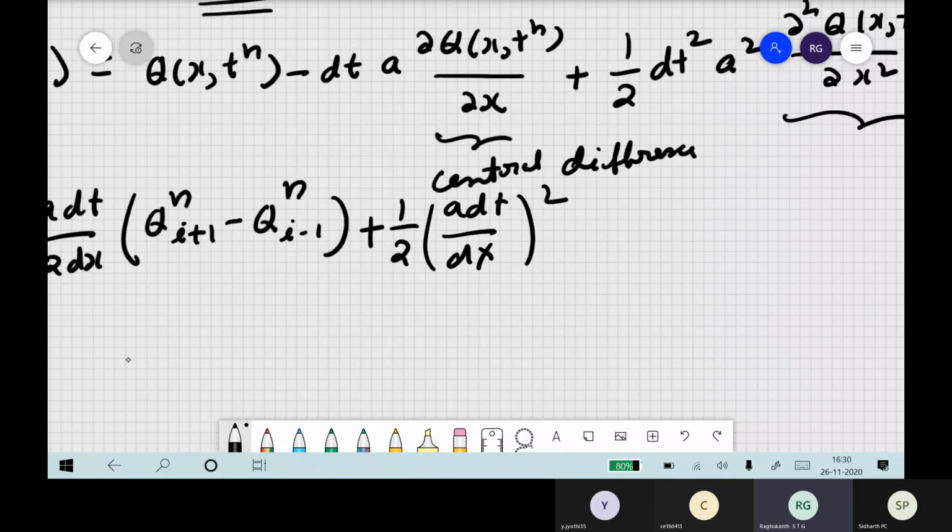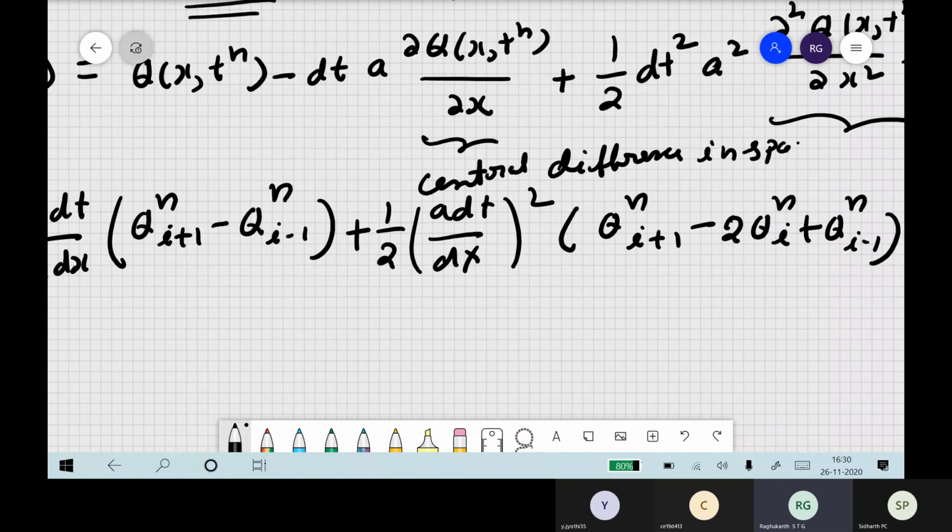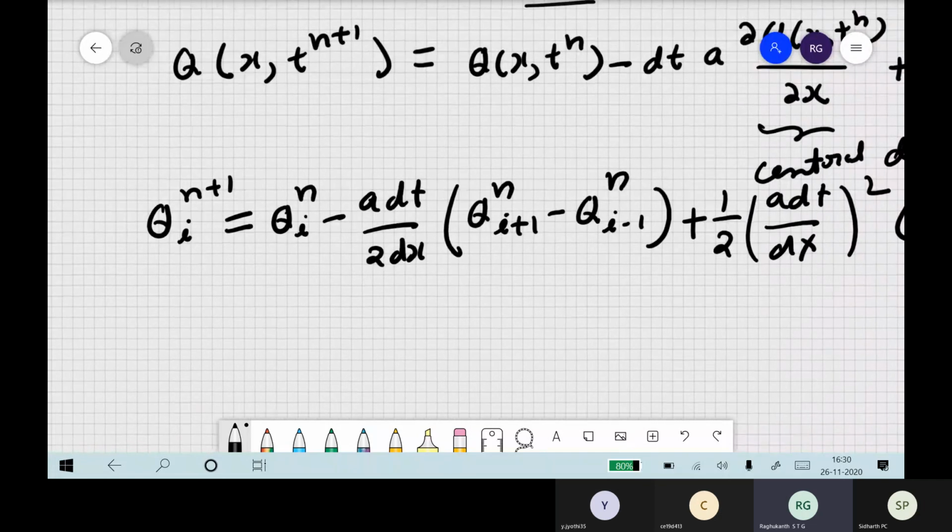So using the central difference formula for this term, we get q_(i+1)^n minus 2 times q_i^n plus q_(i-1)^n, central difference in space. So this is what we call, you followed, the Lax-Wendroff scheme.